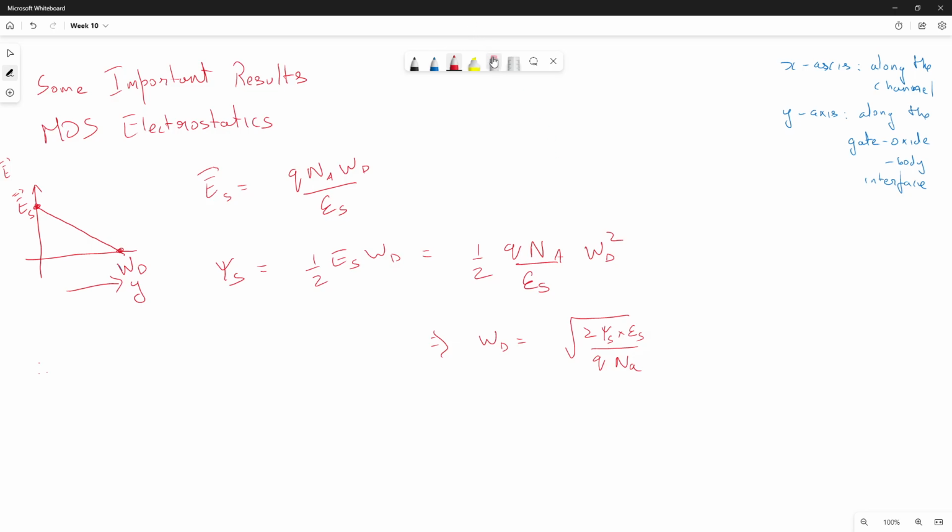Why am I writing small a's? Small a will make it sodium. Yeah, Na. All right. So this is the depletion layer thickness.